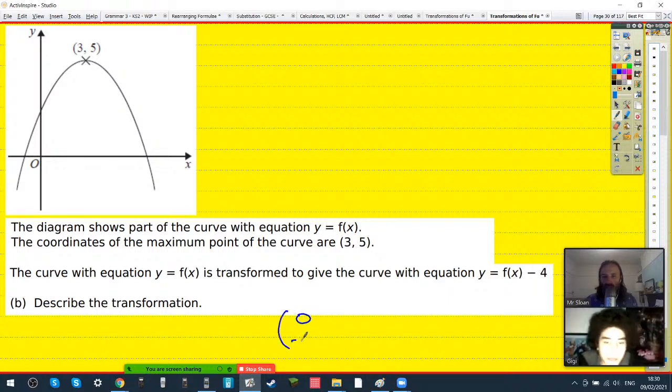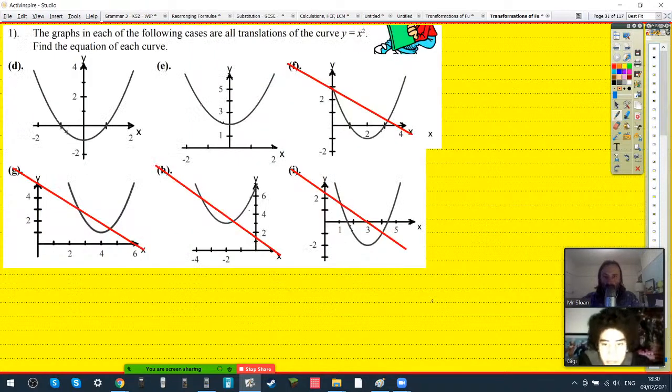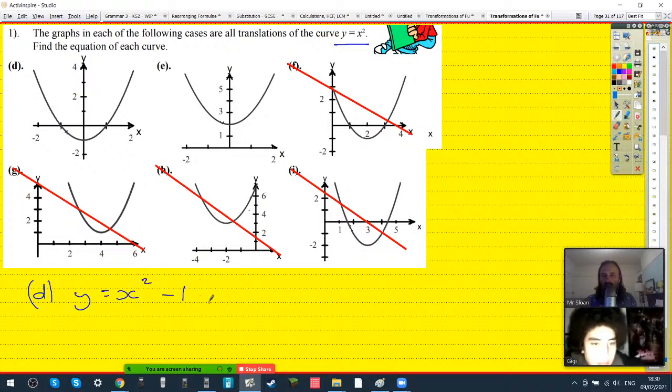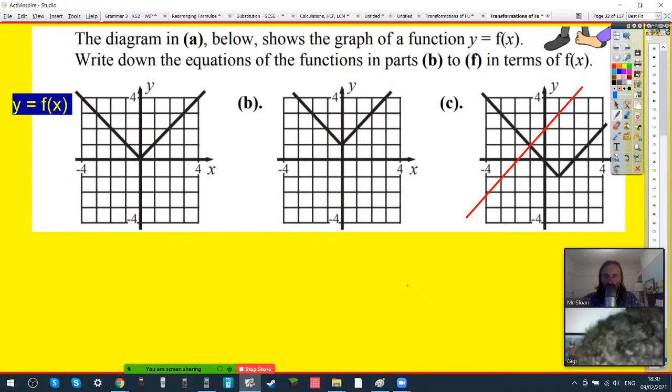Well done. 0 minus 4 as a translation. Okay. Find the equation of each curve. So it was originally y equals x squared. What is the equation of these new ones? Y equals x squared minus 2. I mean minus 1. Yes. Second one. And y equals x squared plus 2. Great. It's not in a bracket this time.